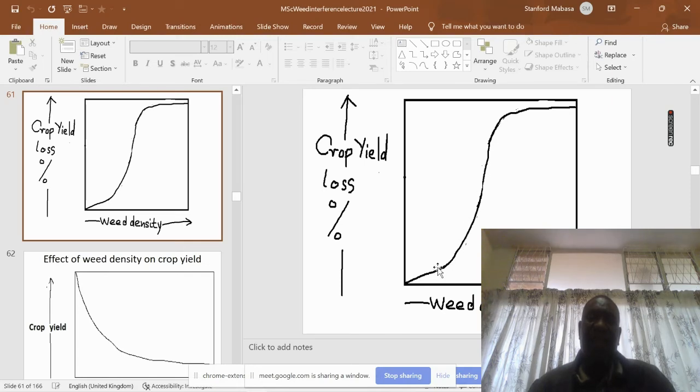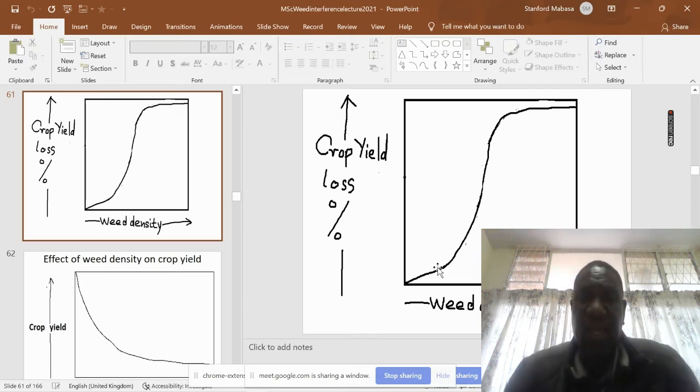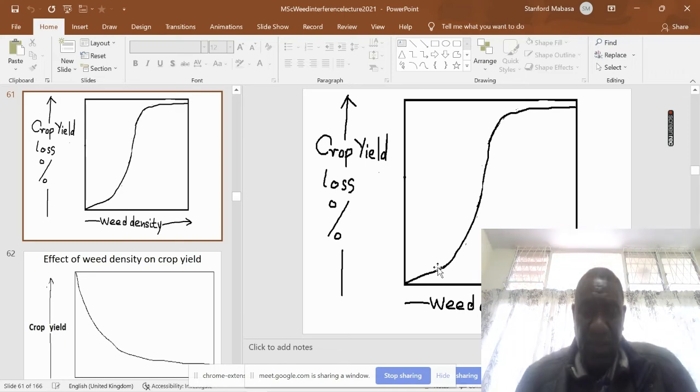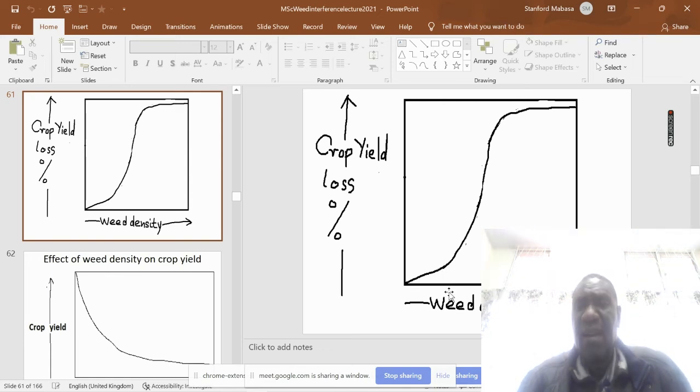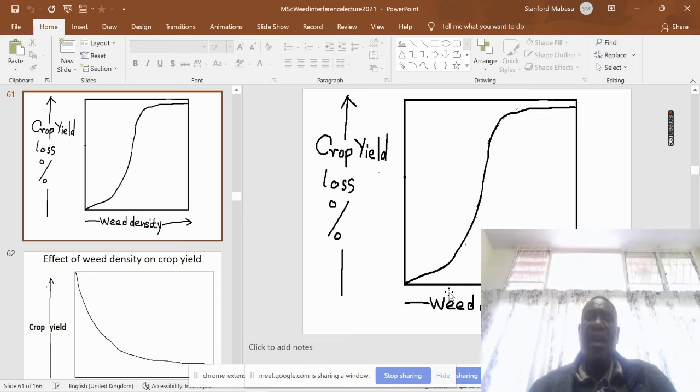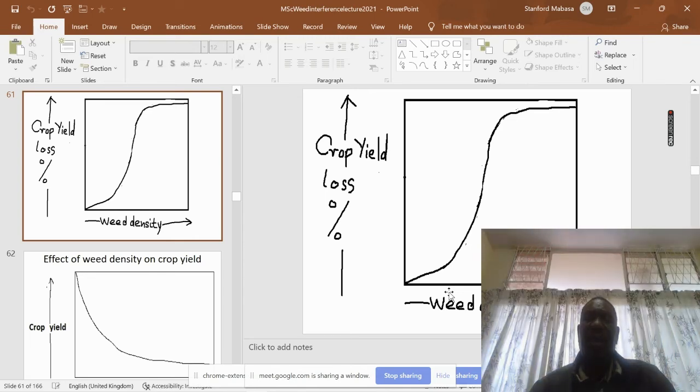At that turning point, we can call that the weed control threshold. So this could be the minimum number of weeds or the minimum density which determines whether weed control has to be done or not.